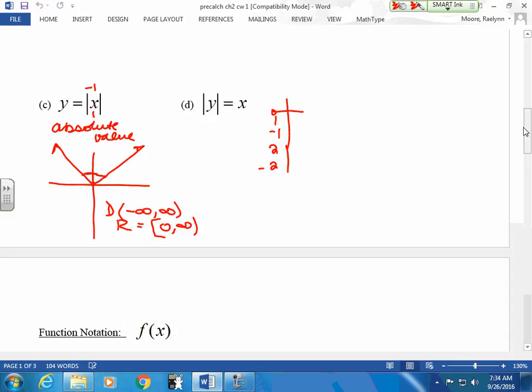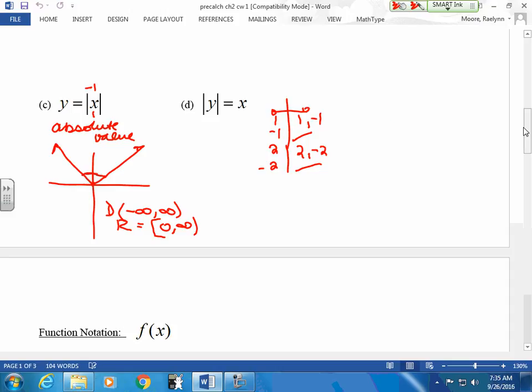Oh, 1 or negative 1, right? It could be 1 or negative 1, because this is the absolute value on this side now. If I give you a value of negative 1, what is y? Can't be, right? If I give you a value of 2, what is y? 2 or negative 2. And again, an absolute value can't be negative, right? How about 0?